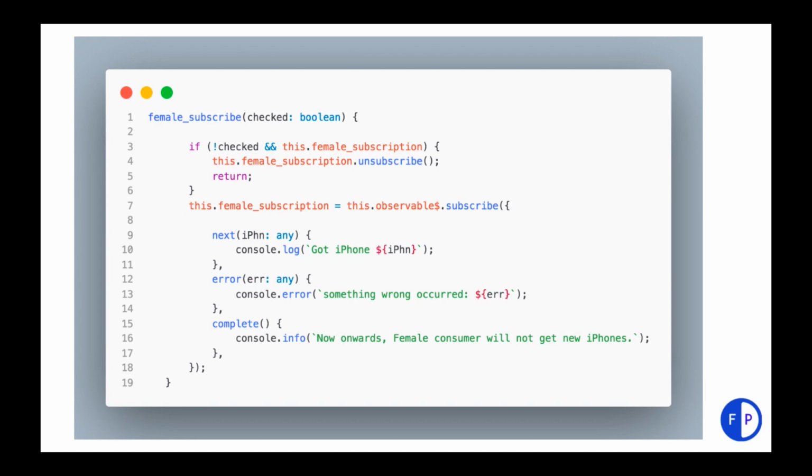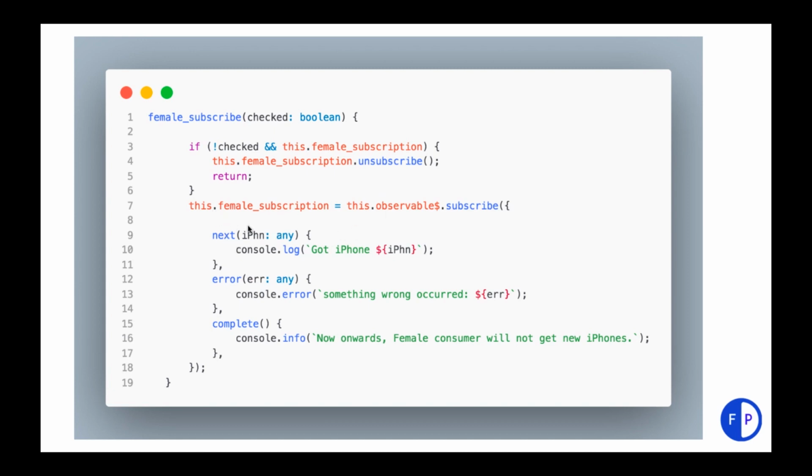This is very important, because if you do not do that, it leads to a memory leak. So this is the best practice. When you are done with the observable, you must unsubscribe from it. You can also do this in the Angular world. If you know ngOnDestroy, you can use that lifecycle hook.